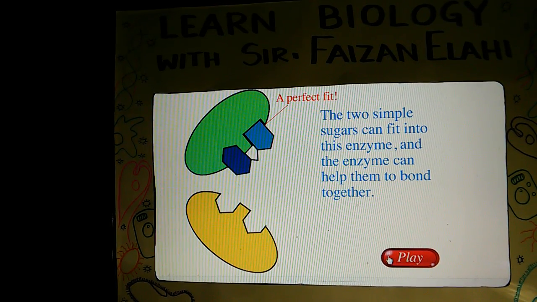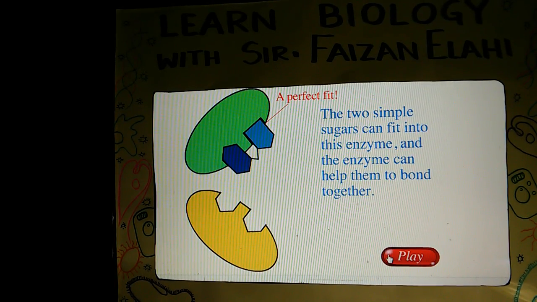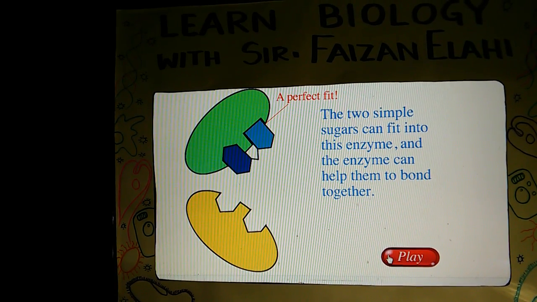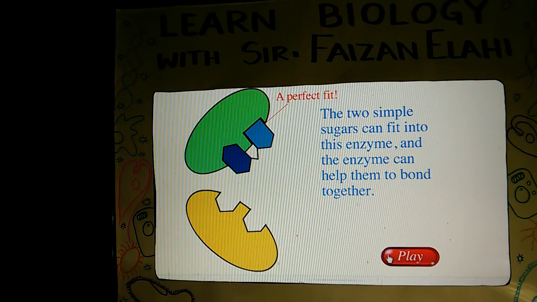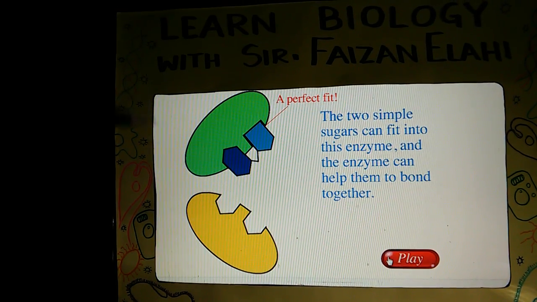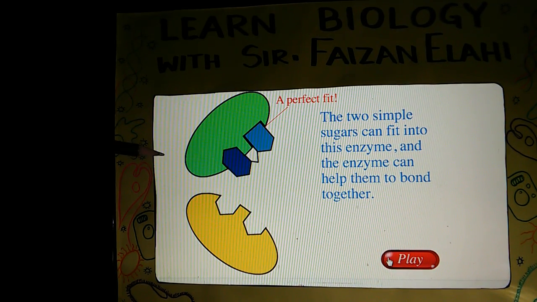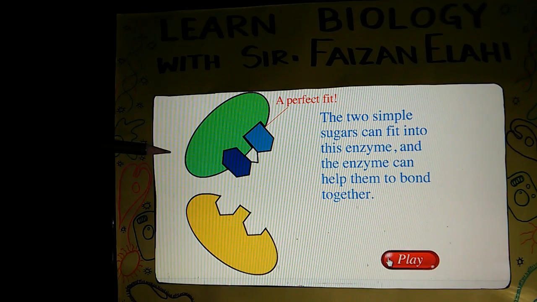Now in this example, the green enzyme will work, and the green enzyme can attach these two simple sugars and make a bond. So the green enzyme is acting as a synthesis enzyme. It can join two small molecules and form a large molecule.